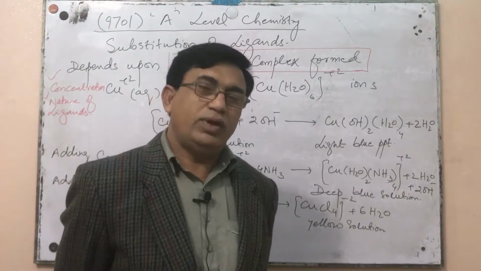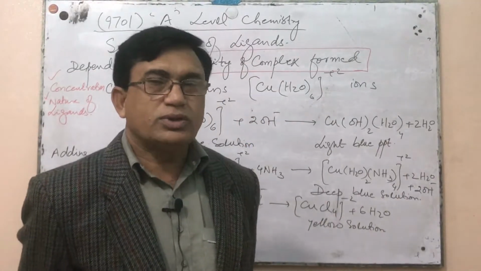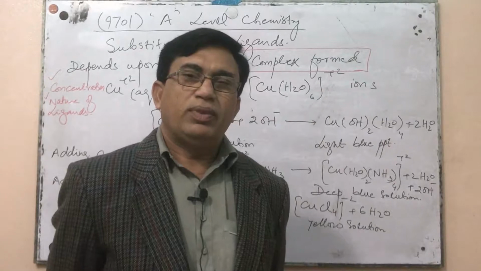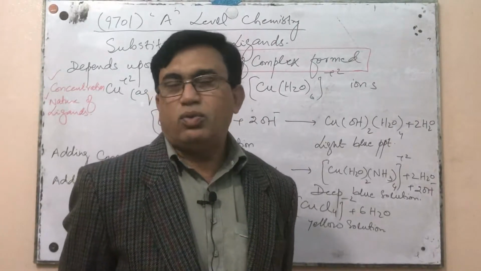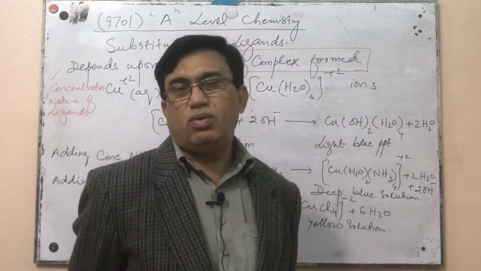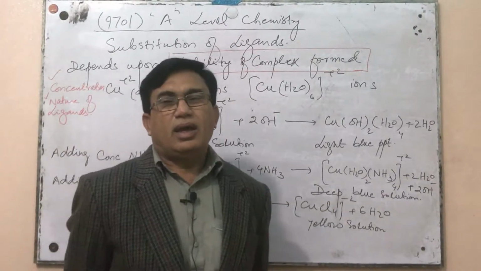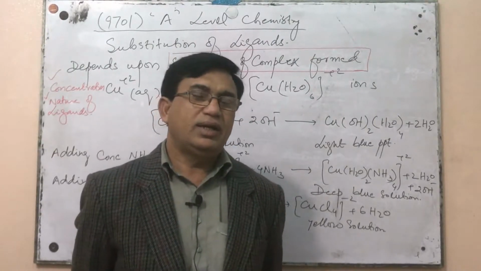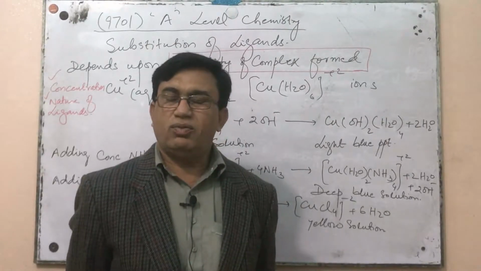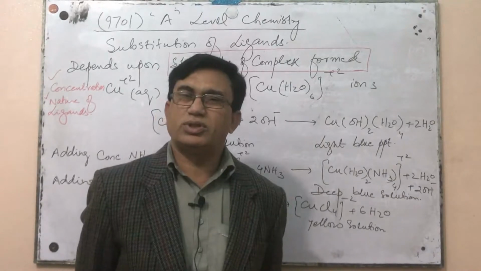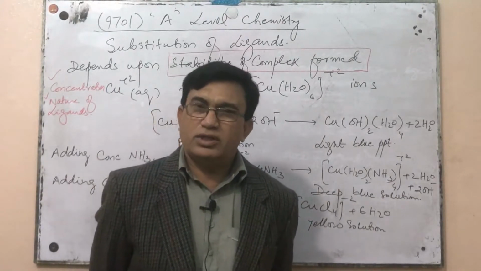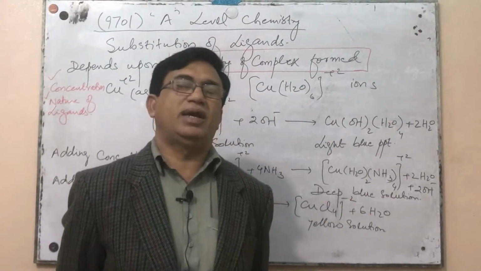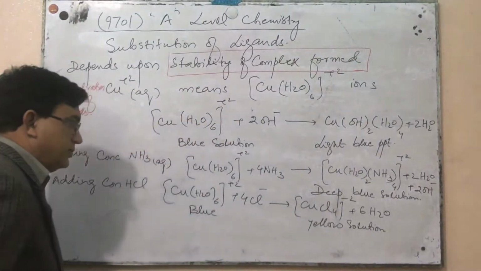Whenever we inhale carbon monoxide, it forms a coordinate covalent bond with iron 2 ions in the blood, and this bond is so strong and the stability of the complex is so high that it never breaks. That's why the sites which are used by the blood to transport oxygen to the different body parts are blocked. That's why carbon monoxide proves to be a very fatal gas for humans.